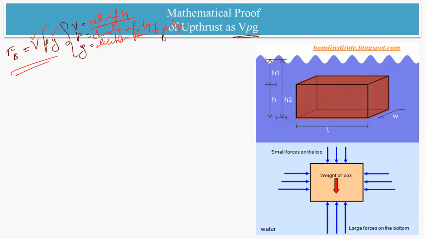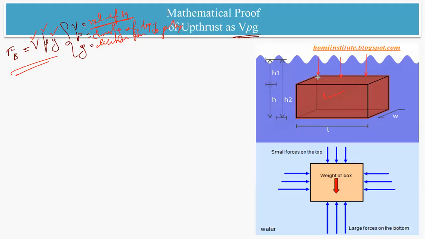Now, look here, suppose for example this is the object which we are submerging. We are putting it in the liquid, then the pressure which the object is going to experience through the liquid. So this object will experience pressure. From where will it experience this pressure? See over here, it is going to experience the pressure from the top.